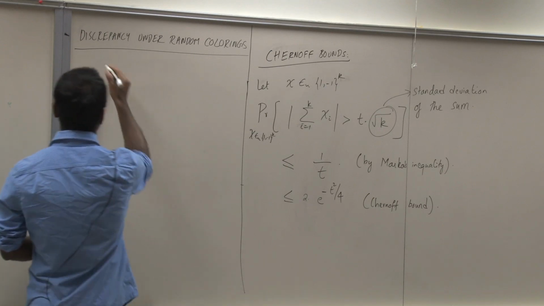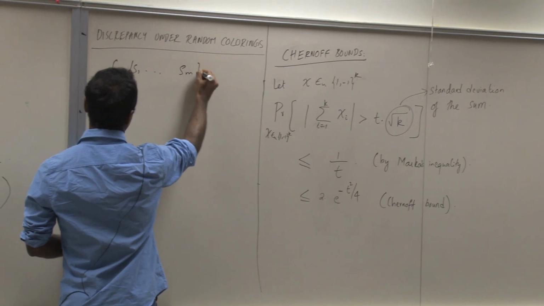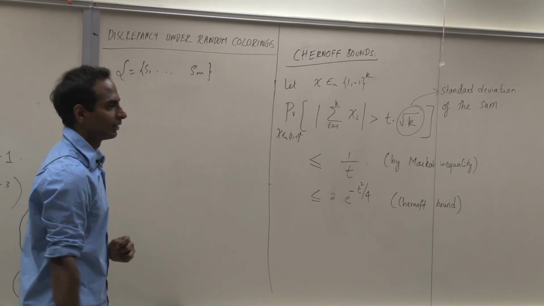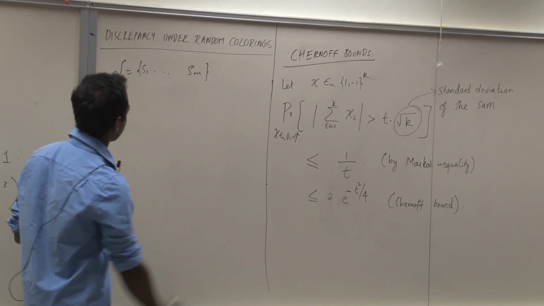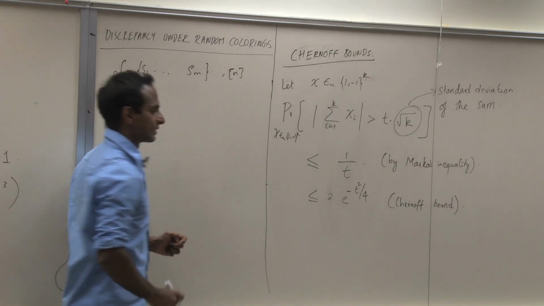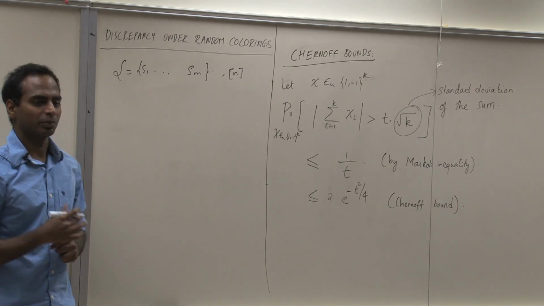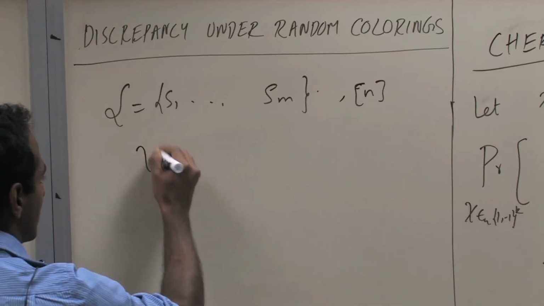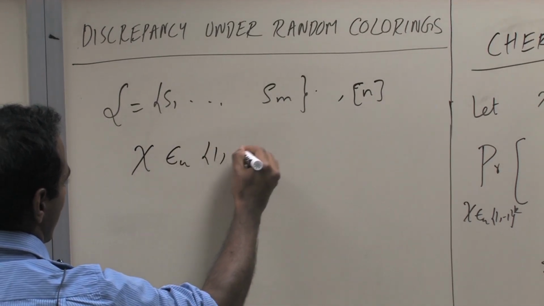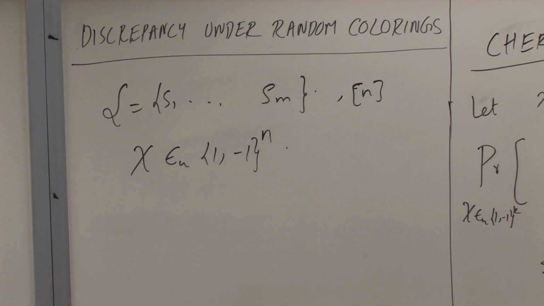So now I have a set system S1 up till Sm, and these are all subsets of a universe of size n, and I want to bound the discrepancy under a random coloring. So let's say chi is random, in minus 1, 1 to the n. Okay.